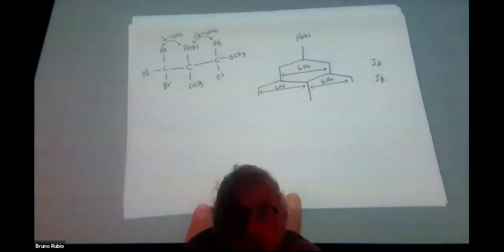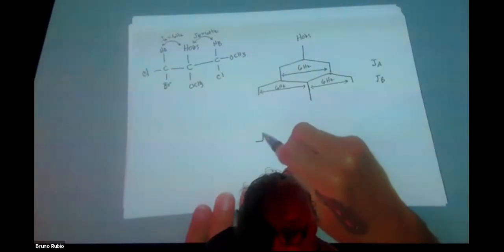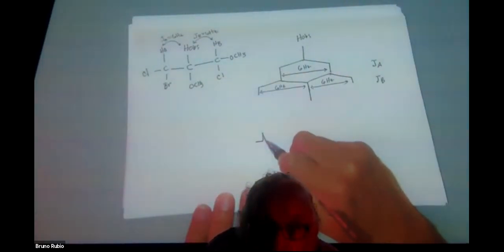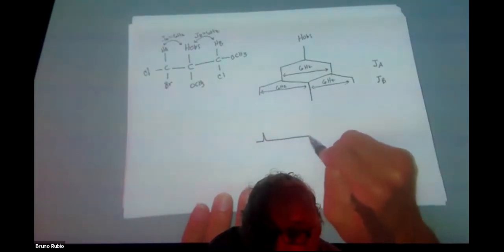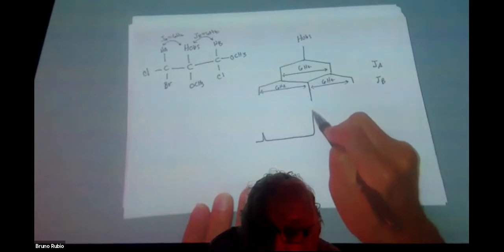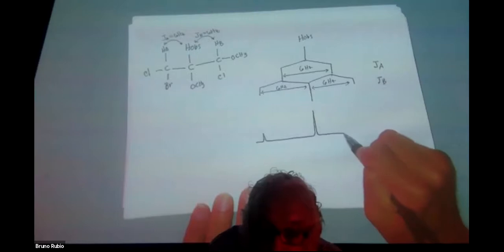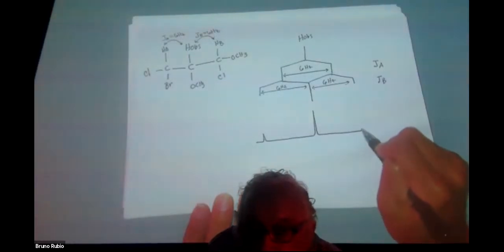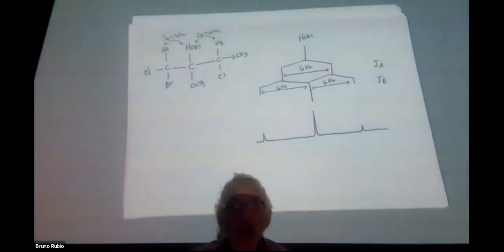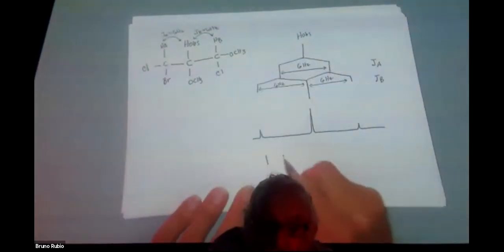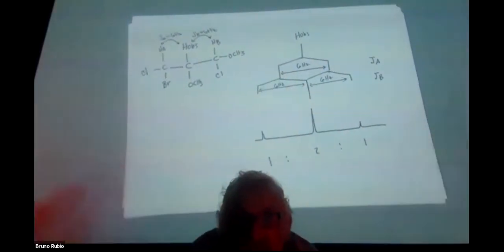What is the pattern going to look like? I'm going to get a signal there that's going to be worth 1 unit in height. I'm going to get another signal there, which is going to be worth 2 units in height. I'm going to get another signal here, which is going to be worth 1 unit in height. I got a triplet. I got a 1 to 2 to 1 intensity ratio.